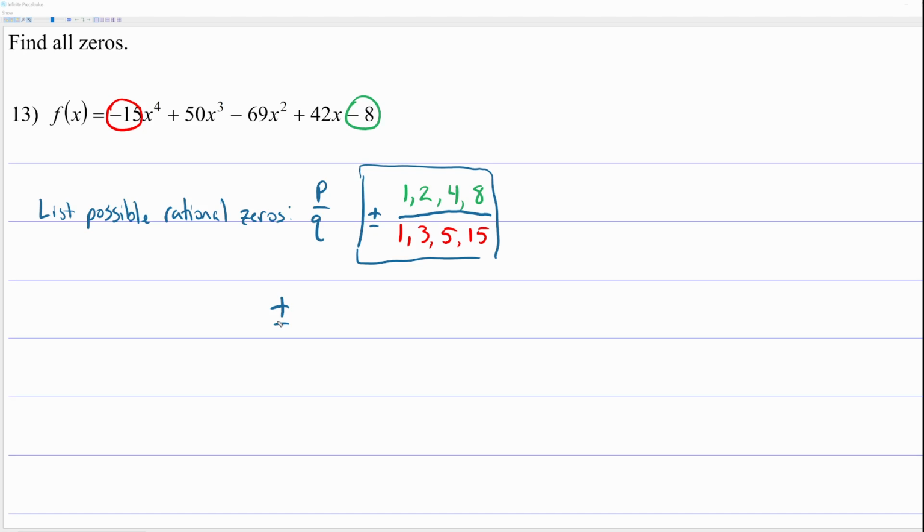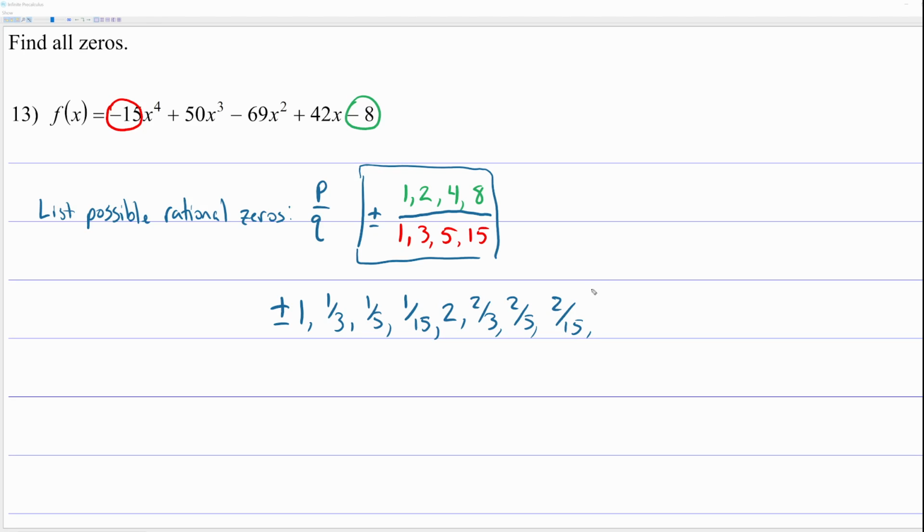So the possible rational zeros, we have 1 divided by 1, that's 1. 1 divided by 3, that's a third. 1 divided by 5, 1 divided by 15. Now let's move on to 2. 2 divided by 1 is 2. 2 divided by 3, 2 divided by 5, 2 divided by 15.